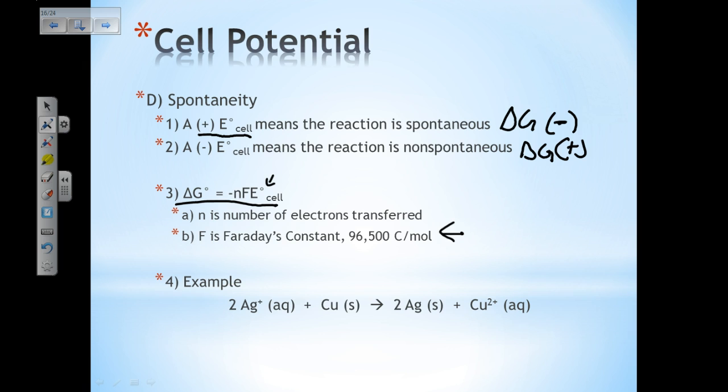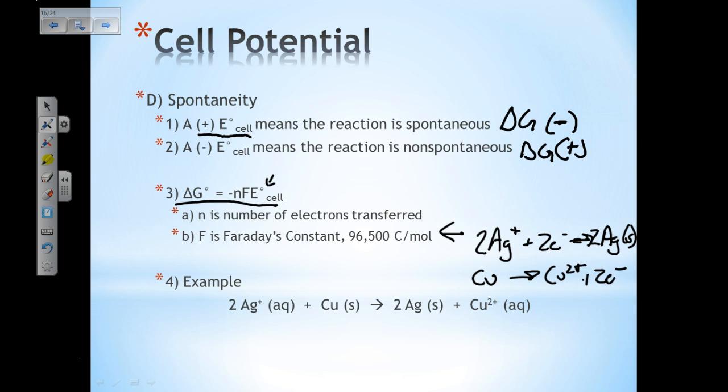From the balanced chemical reaction, really quickly, I'm going to show you that it's 2Ag+ plus 2 electrons reacts to form 2Ag solid, and then Cu reacts to form Cu2+ plus 2 electrons.